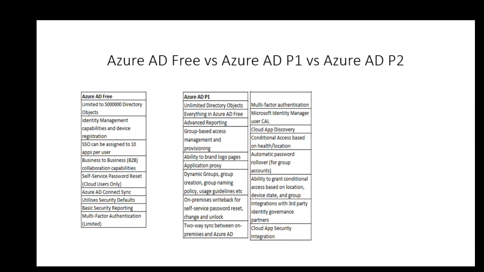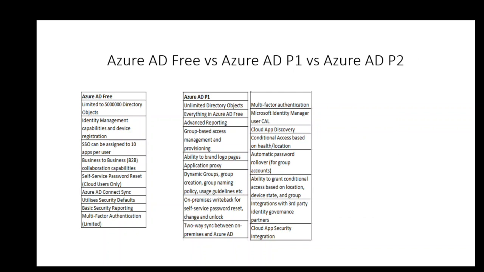I won't go through all the lists there, but you can see that there's a massive difference between the Azure AD free version and Azure AD Premium 1. There's even Cloud App Security integration in the last one there. So a lot of differences and a lot more benefits to using the paid version of the Azure AD license.